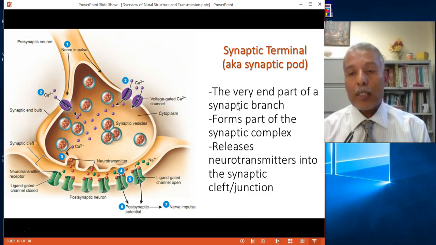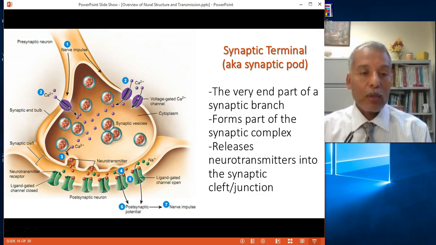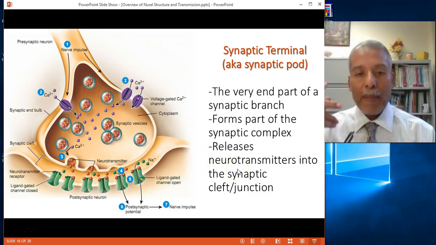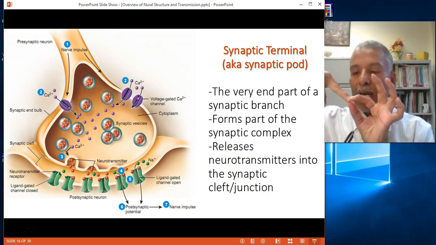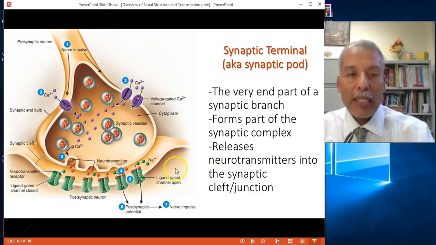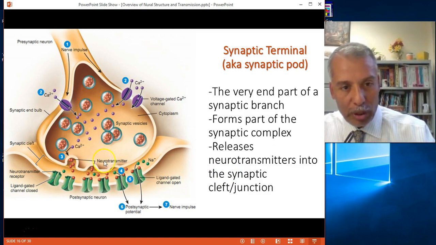So now let's look at the synaptic terminal. The synaptic terminal, as I mentioned, is the very end of the synaptic branch. And it comes like a little button, or better described as a pod or foot, as you could see it now, shaped like a foot.